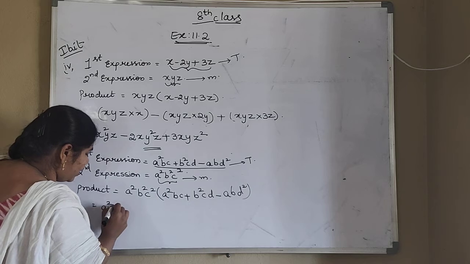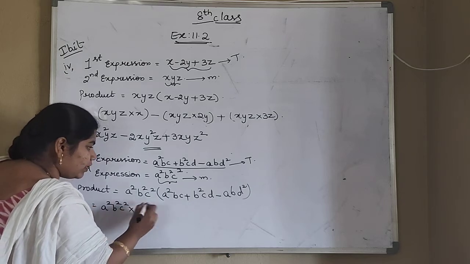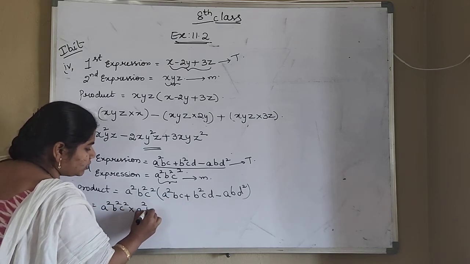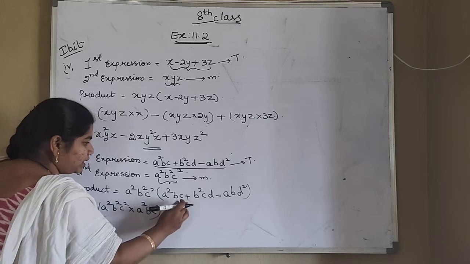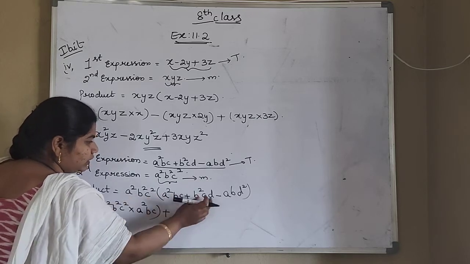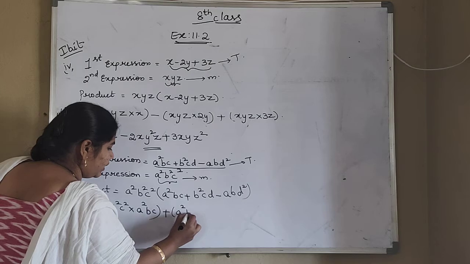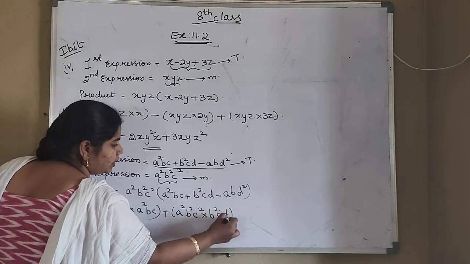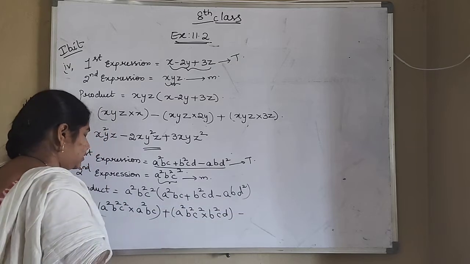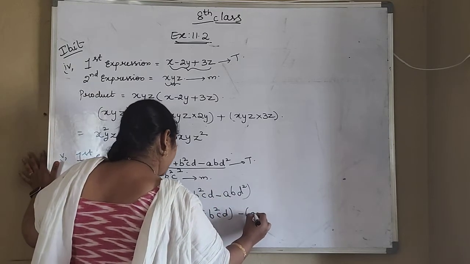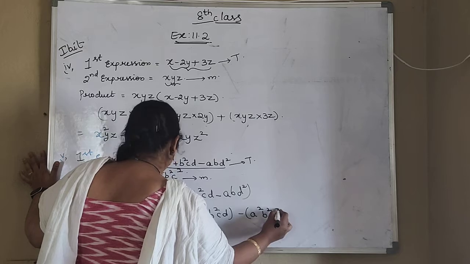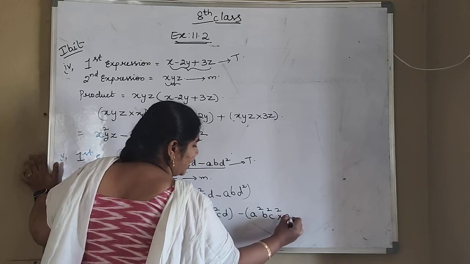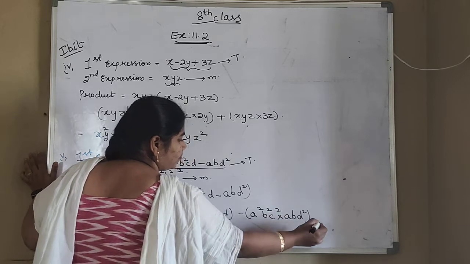So a square b square c square into a square bc, plus, now a square b square c square into b square cd, minus, again the last, a square b square c square into abd square.